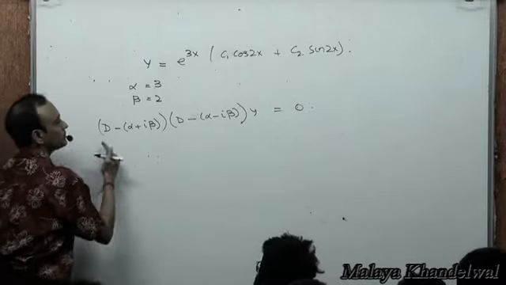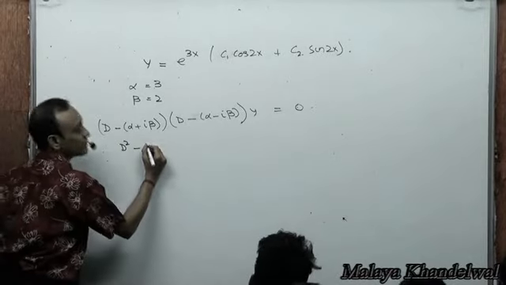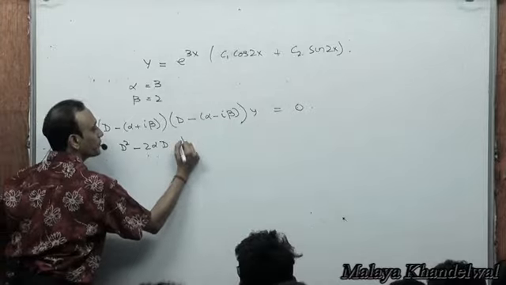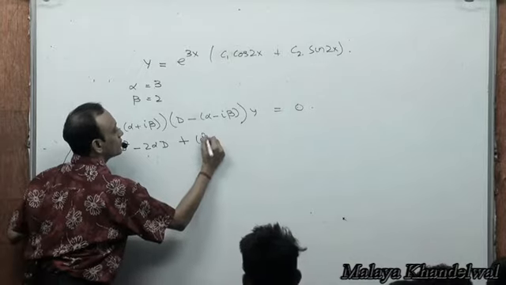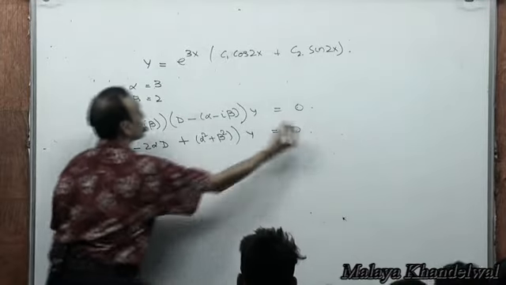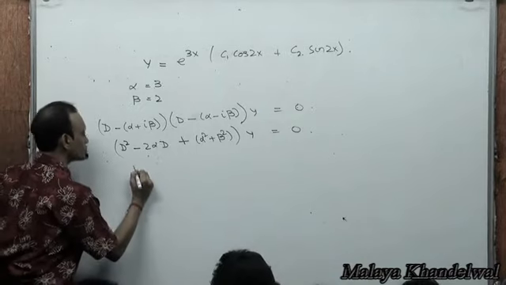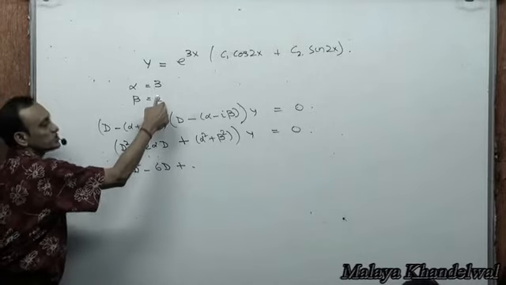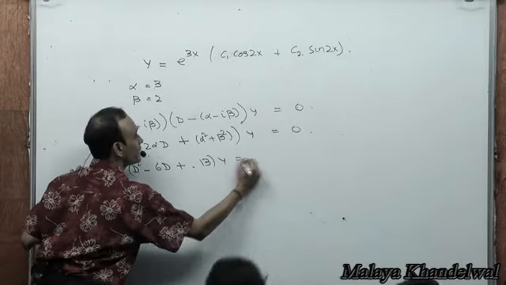So now if I actually multiply this, I get D squared minus the sum of the roots, which is minus 2 alpha D, plus this into this, which will be alpha squared plus beta squared, acting on y is 0. Here I can replace alpha by 3. So D squared minus 6D plus alpha squared plus beta squared, 9 plus 4, 13, acting on y will be my differential equation.